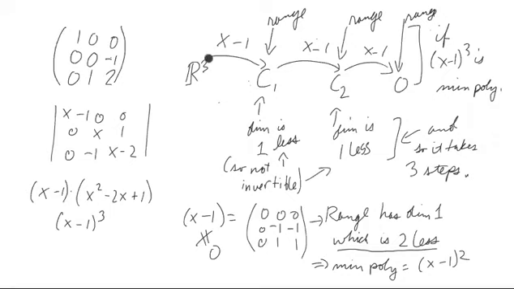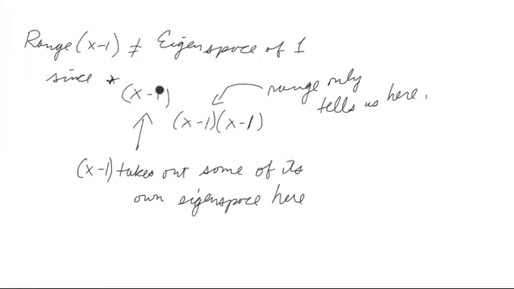When we actually get the diagonal, we can have a least common multiple of x minus 1 quantity squared, so we need to have 2 spots here because the characteristic polynomial is degree 3, and the product down that diagonal is the characteristic polynomial because it's the determinant, and our row and column operations don't change the determinant. So we're looking at a situation like that, which means when we multiply by the matrix x minus 1, we're actually taking out of some of its own eigenspace. We're making 0 happen here.